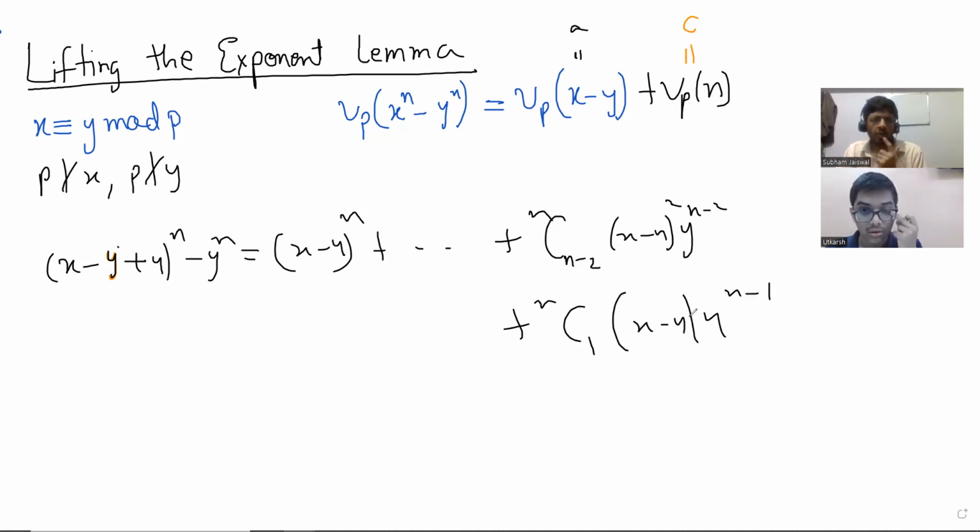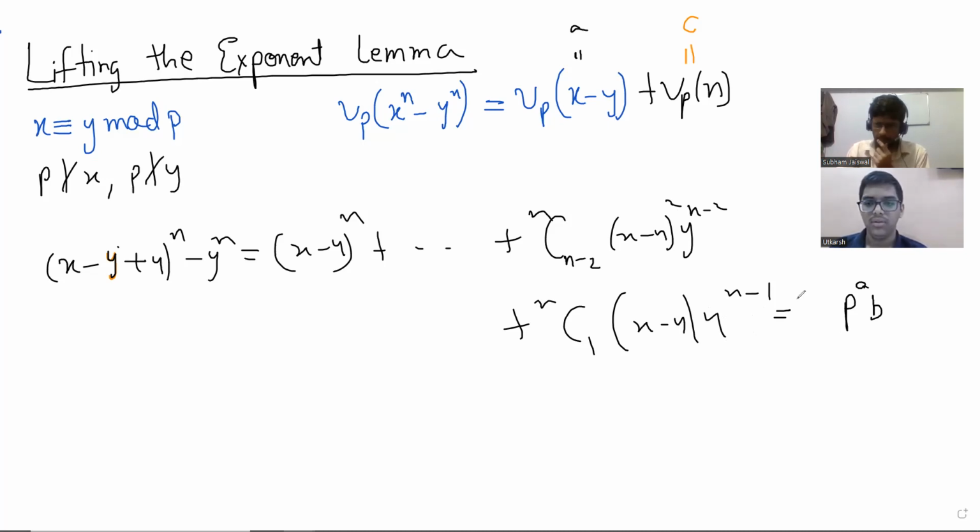Then how do you reason? Then we have x minus y is p raised to power a into b, because that's what we have been given, and we have n equal to p raised to power c into d.